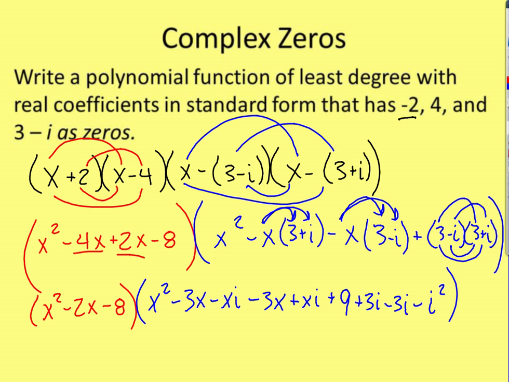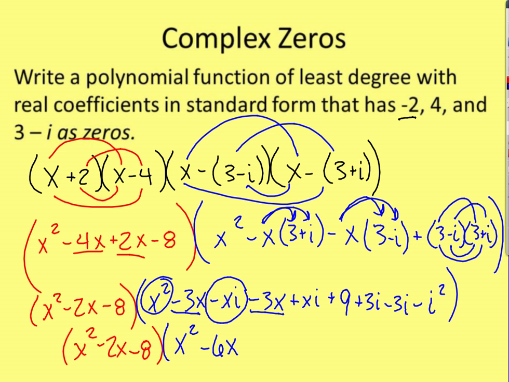So if we simplify again, we have an x squared that's by itself. We have -3x and -3x, which will give us -6x.